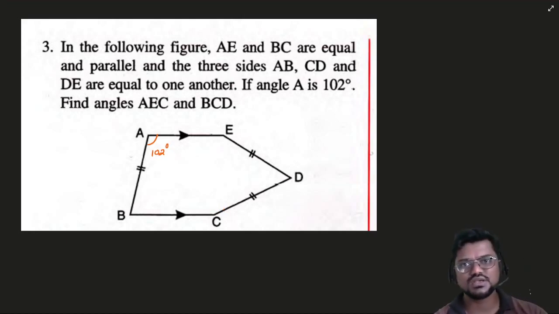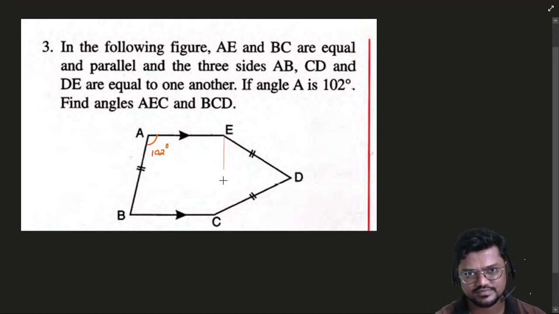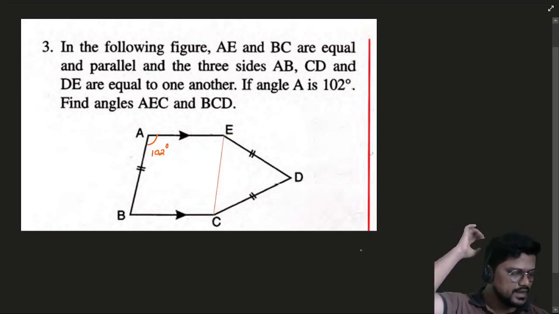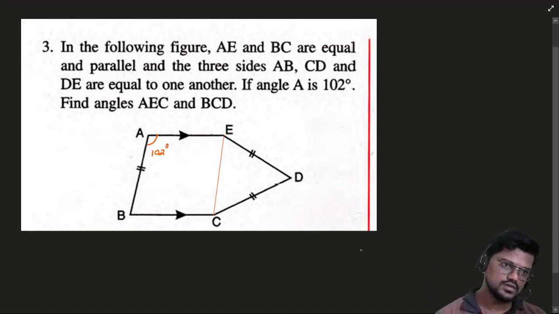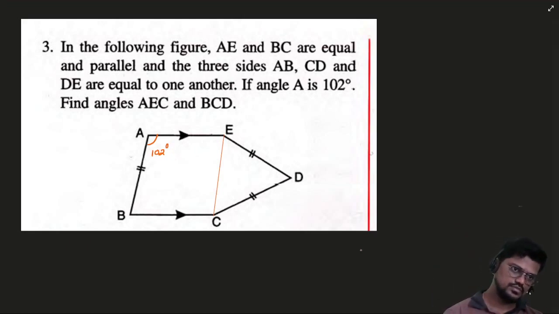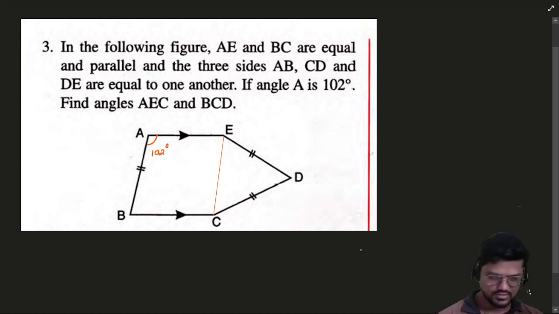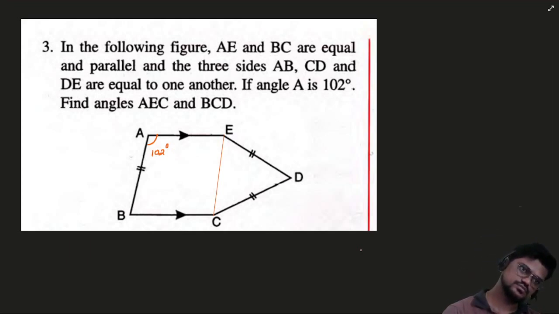Fine. Suppose I am joining these two points. Tell me what will be quadrilateral ABCE? Parallelogram. How? Sir, AE and BC are parallel to each other. So it will be a parallelogram. 1 minute.